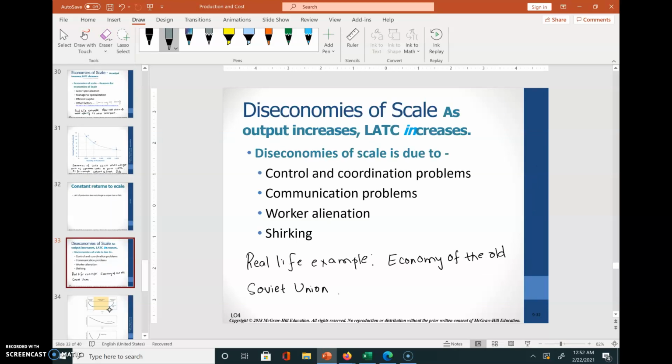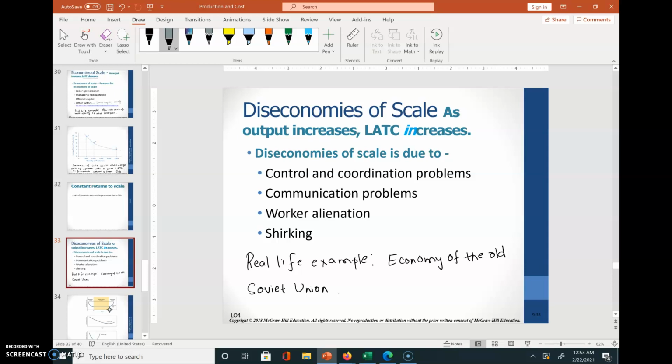Okay. Now next we look at diseconomies of scale. By diseconomies of scale we mean as output increases, long run average total cost of production goes up, and we do not really like that. This can happen because a farm can grow so large that it becomes difficult to manage, resulting in unnecessarily high cost.